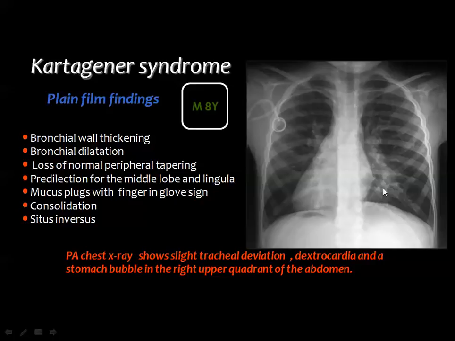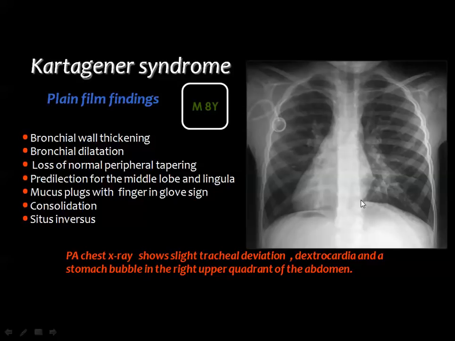I usually say that the only type of bronchiectasis that can be diagnosed from the plain X-ray is the cystic type, since you can see the cystic changes in the bronchi and sometimes you detect air fluid levels within. But the fusiform bronchiectatic changes are usually difficult to be appreciated from the plain X-ray.